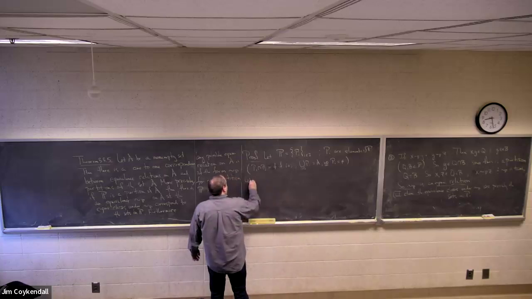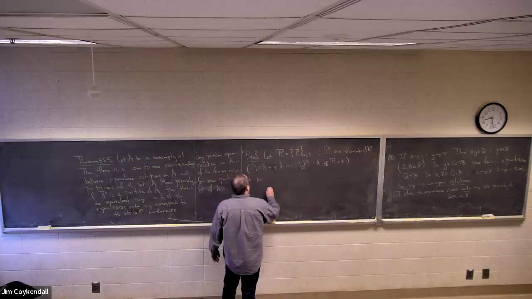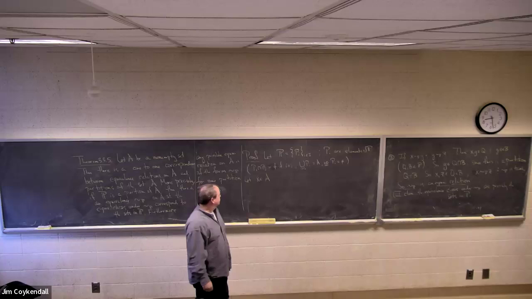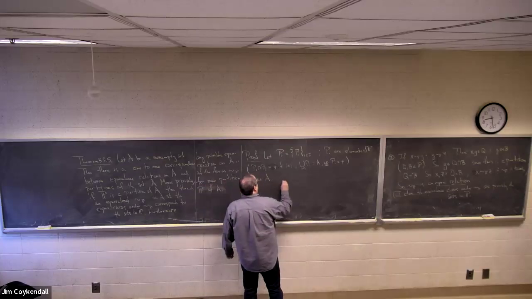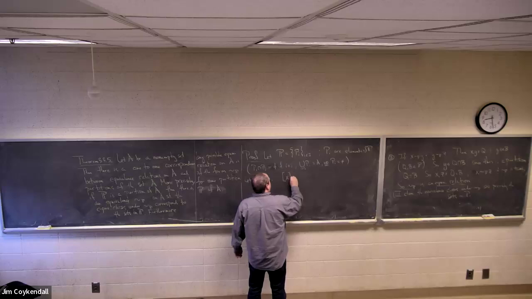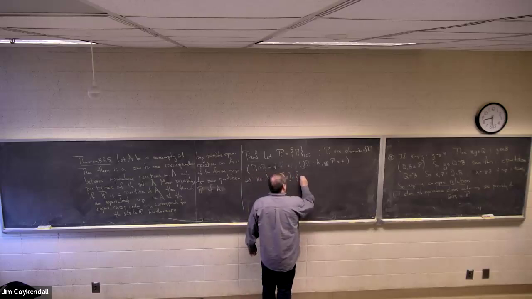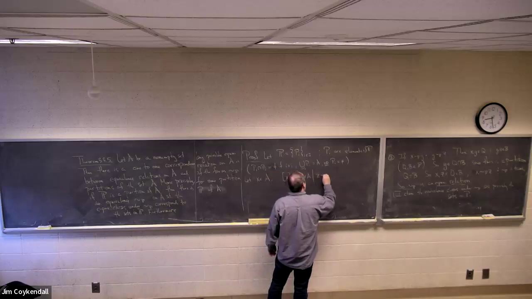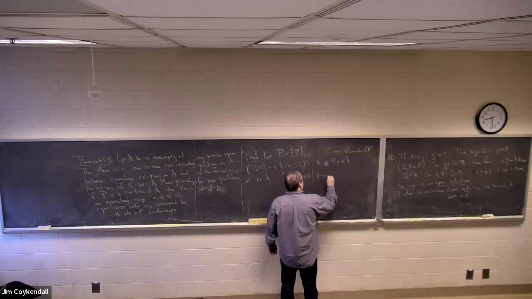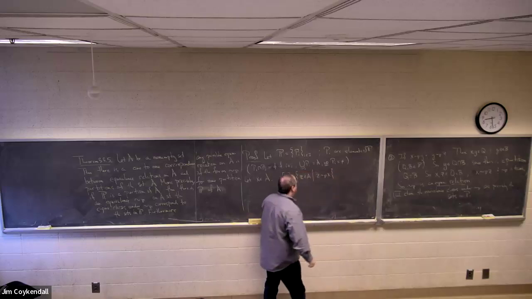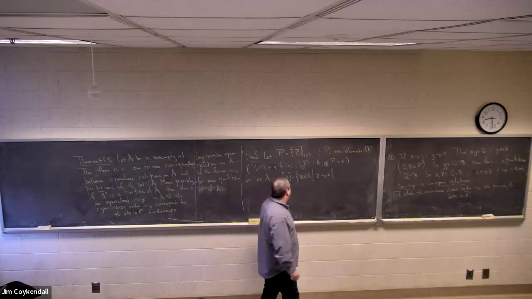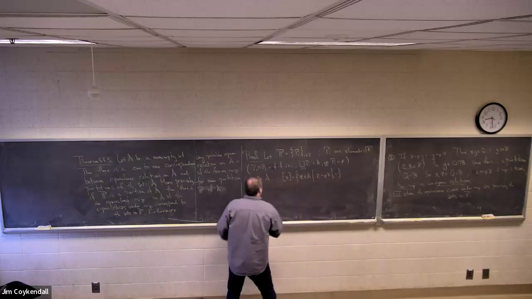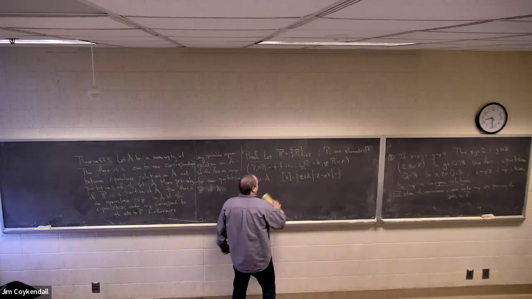So, for X in A, the equivalence class of X is the set of Z in A such that Z is related to X.